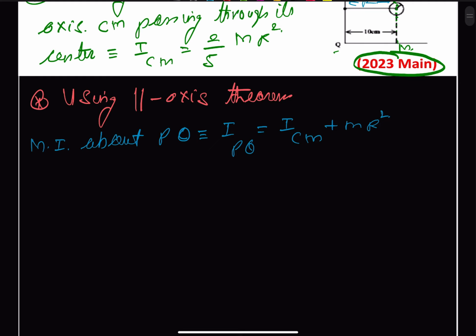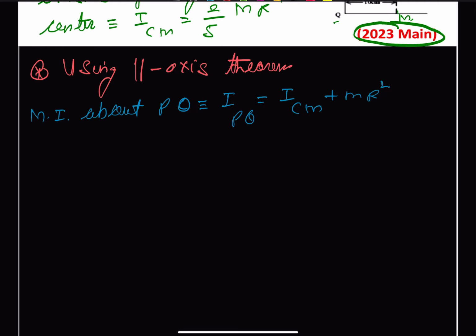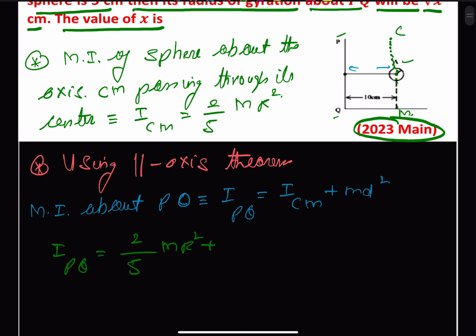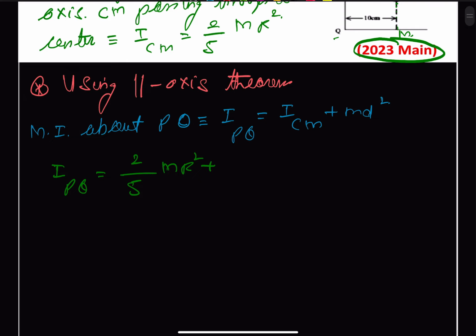So we substitute the values. IPQ will be equal to 2 by 5 MR square plus, let me call this d, not r, because it is much easier to differentiate. This distance is d, so plus Md square.